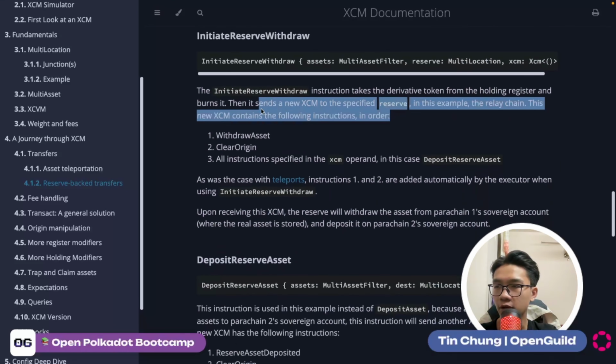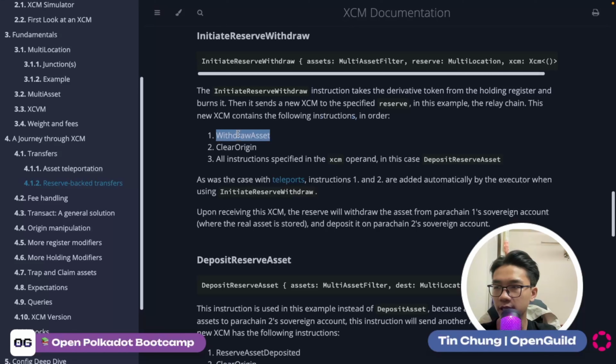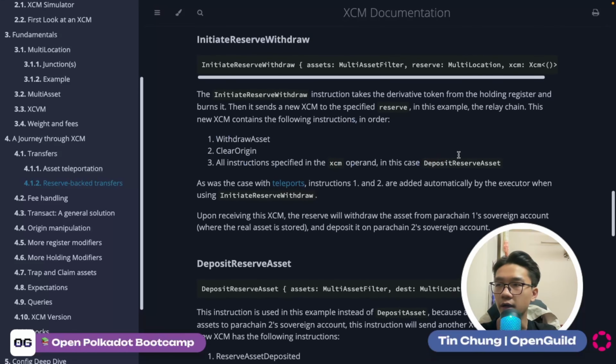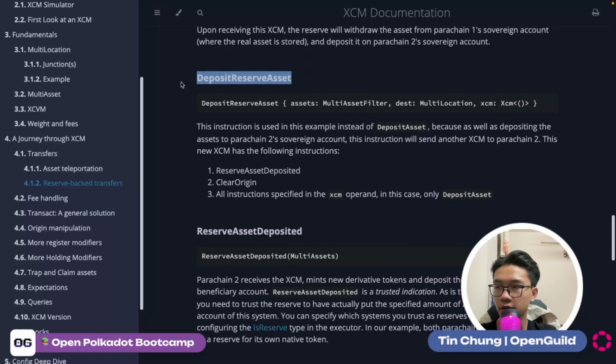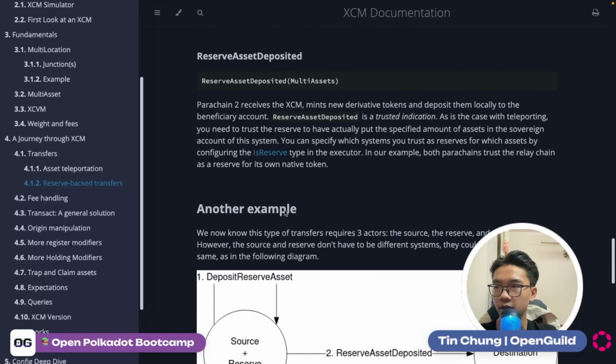And this new XCM contains the following instructions: withdraw asset, clear origin, and all the instructions specified in the XCM for the initiate reserve withdrawal. For the deposit reserve asset, you then have reserve asset deposited and clear origin. Reserve asset deposited is when parachain 2 receives the XCM, it mints a new derivative token and deposits it locally to the beneficiary account.